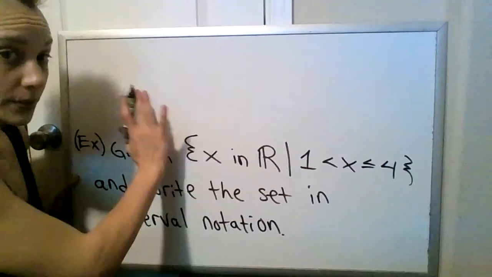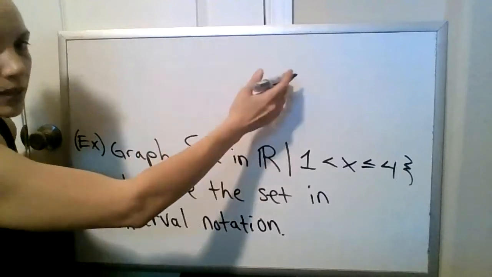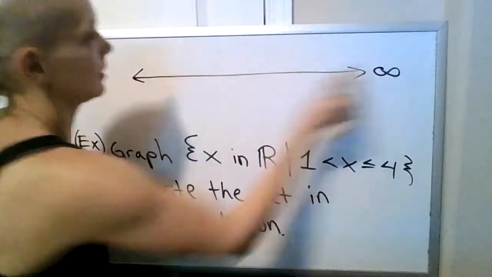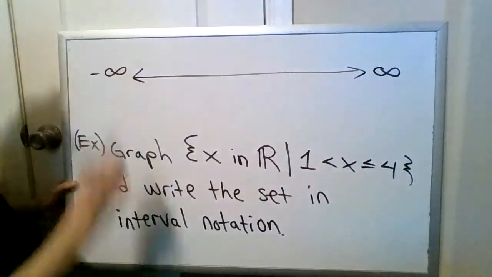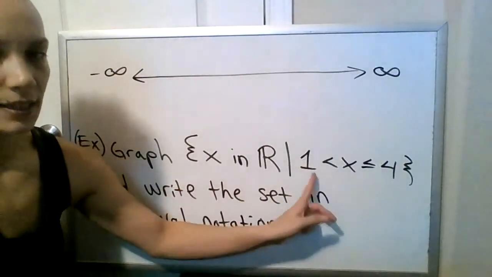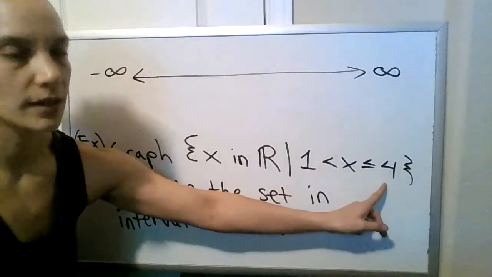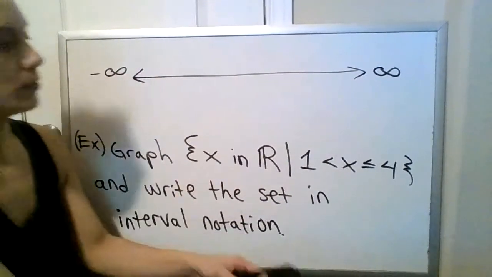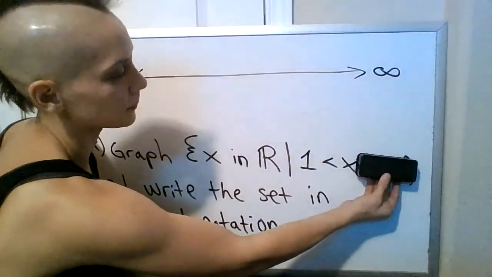Okay, so the graph goes from negative infinity to positive infinity, like this. The inequality has 1 and 4 on the graph. Part of this is where you have 1 less than x.